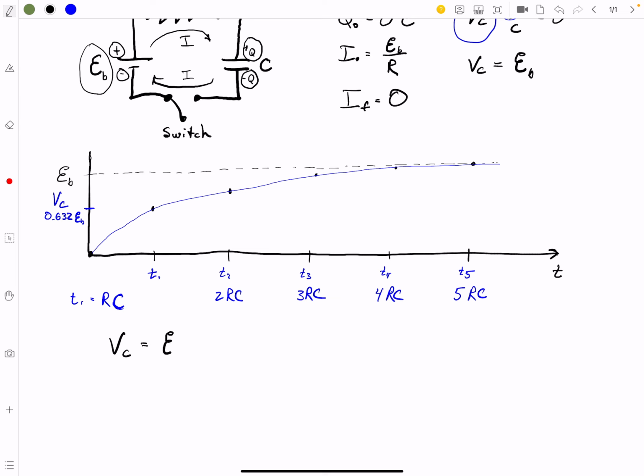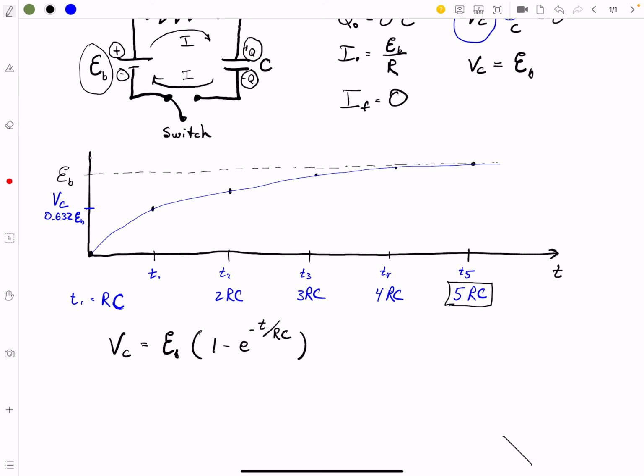So here's our EMF of the battery. The voltage, of course, is equal to a curve that's related to that EMF, and it's e to the minus time over RC. So 1 minus e to the minus time over RC. If we happen to be at T5, we're at t equals 5 RC.